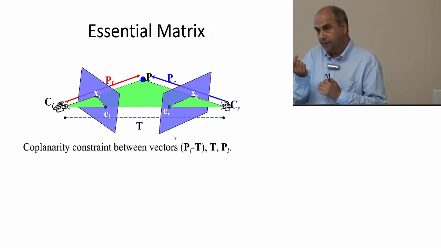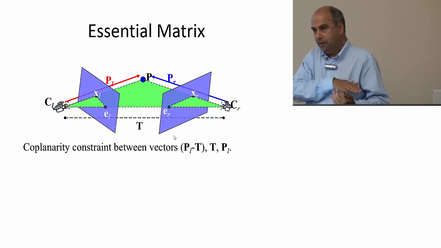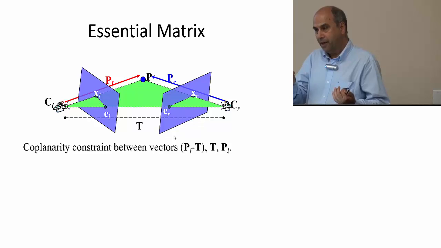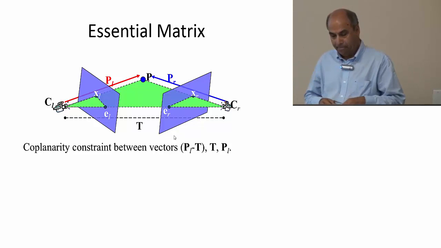You learn this in physics. So if you find the dot product of that vector with any vector in the plane, it will be 0, because it's perpendicular. There is a 90-degree angle, so cosine of 90 is 0. So that's called the coplanarity constraint, and we are going to start with that.